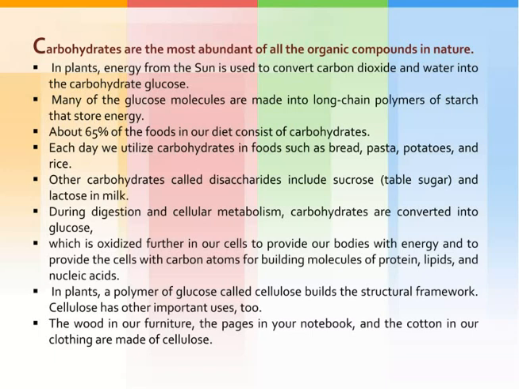My friend, in plants, a polymer of glucose called cellulose builds the structural framework. Cellulose also has important uses. The wood in our furniture, the pages in your notebook, and cotton in our clothes are made of cellulose.